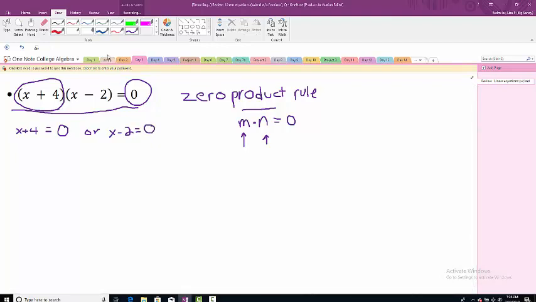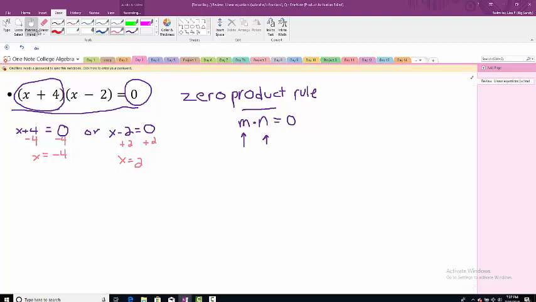So then we think, what would x have to be for x plus 4 to equal 0? Well, let's solve this and see. Well, x would have to be negative 4. So if x were negative 4, the whole thing would be 0. And over here, if x were 2, the whole thing would be 0. So x could either be negative 4 or it could be 2.